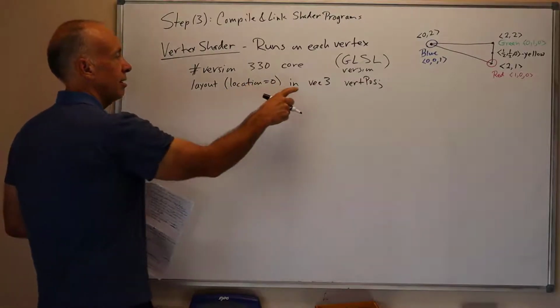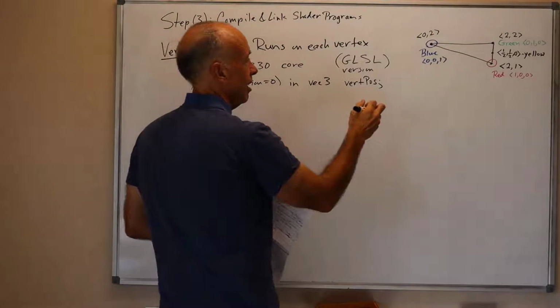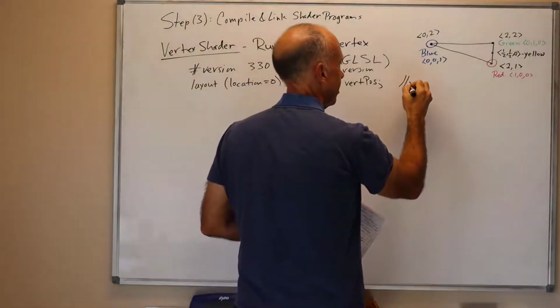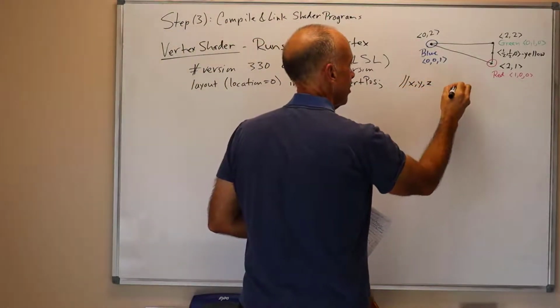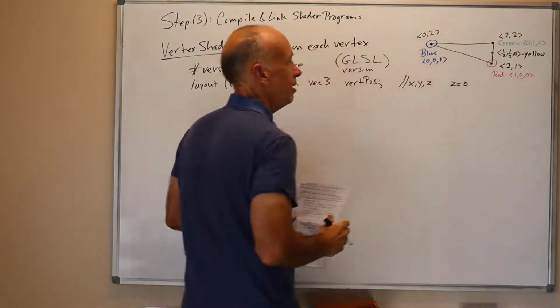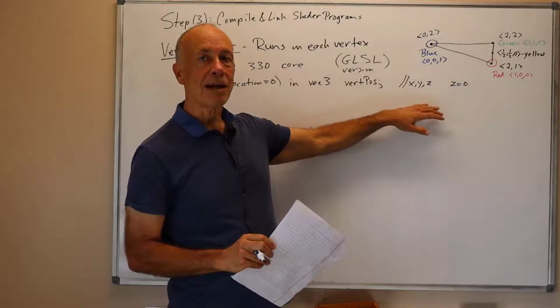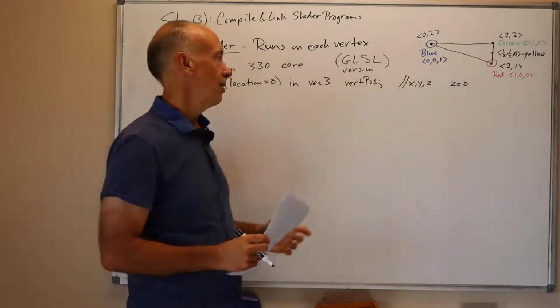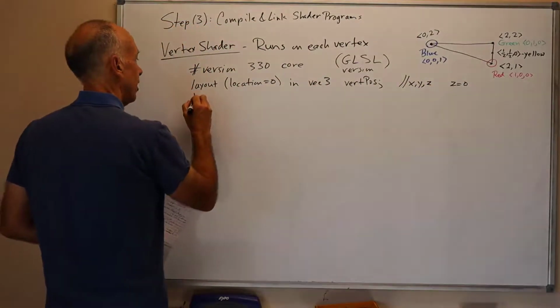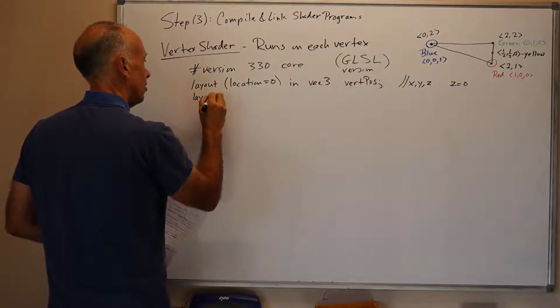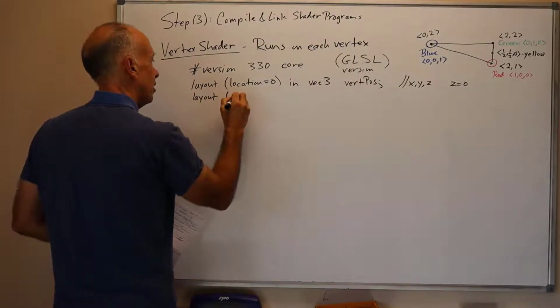And so this is a vec3. It's actually got x, y, z values. The z's are just going to be set to 0. In the VBO, we only gave x and y values. The z value is automatically set to 0 for you by OpenGL. And then the next line gives that the color is also an input.